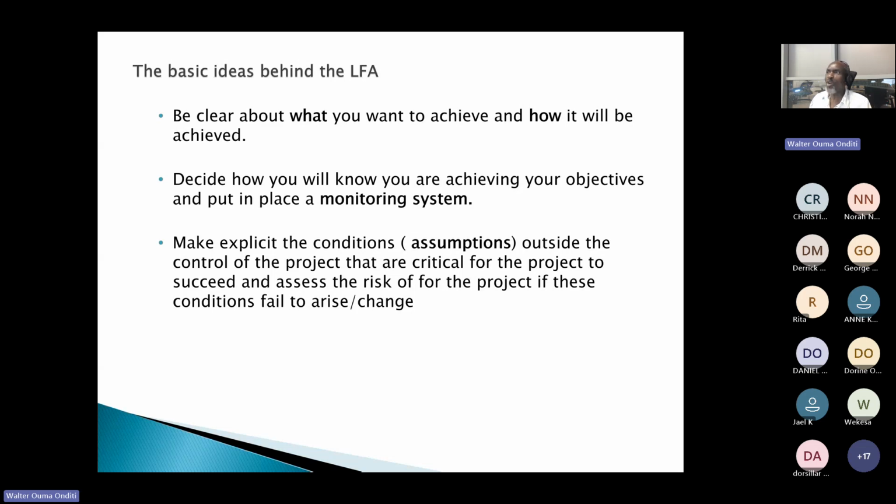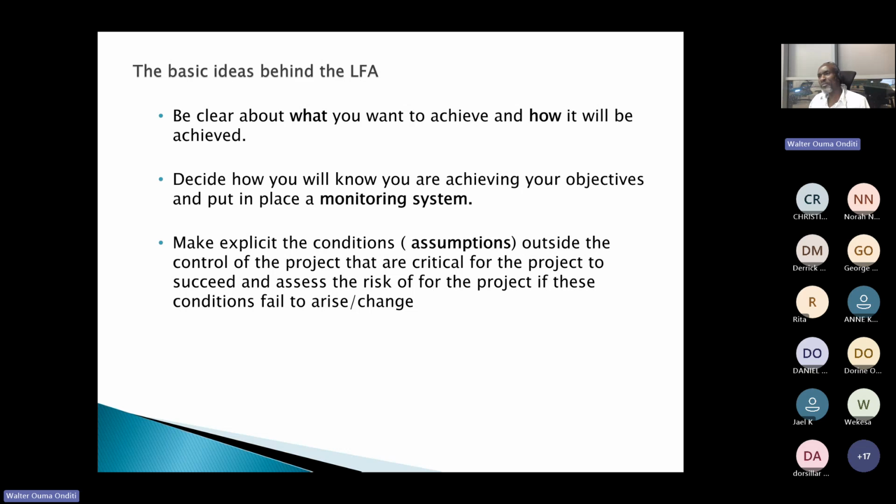So decide how you know you are achieving your objectives. You will know with the immediate results, which is the output. And the output is dictated by the activities and of course the resources that go with that. At that point, you would have started establishing your monitoring system. In other words, the monitoring system talks about the how: the input, activities, and the output.